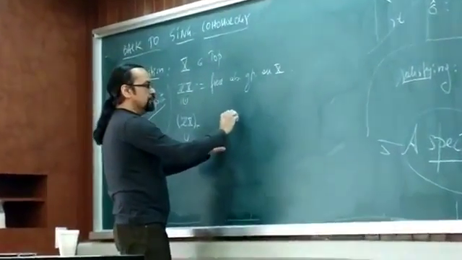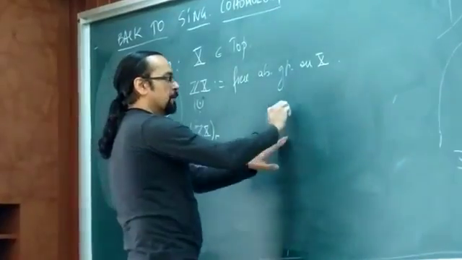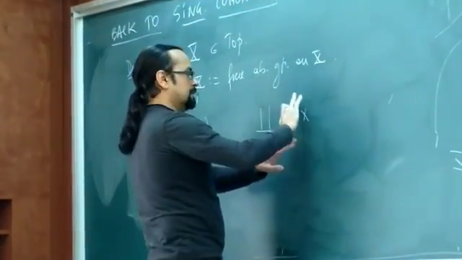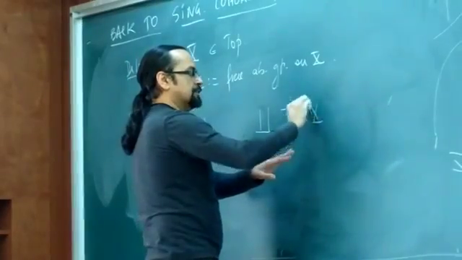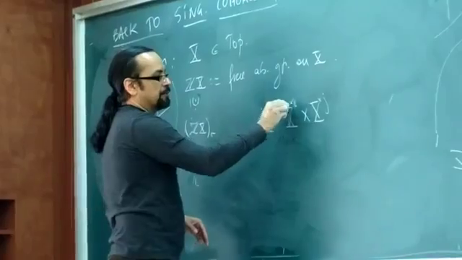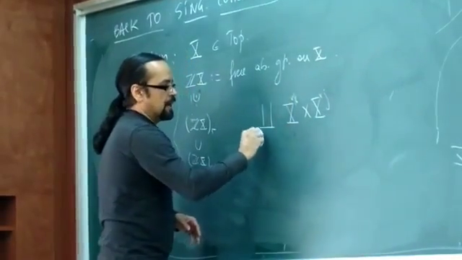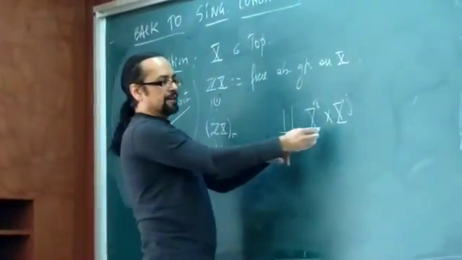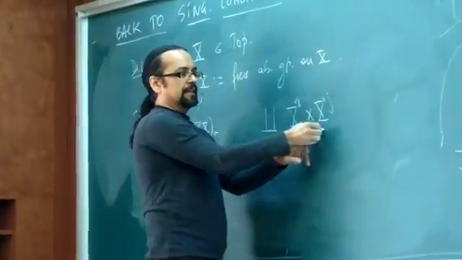But now think about this. I will take the disjoint union over all X^I cross X^J, which is just the Cartesian product of X with itself, I times here, J times here, with I plus J less than or equal to R. Think about those as being positive generators and negative generators.